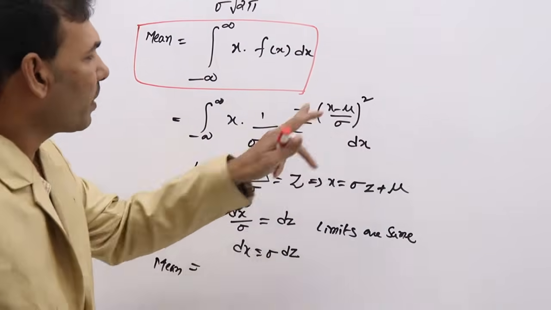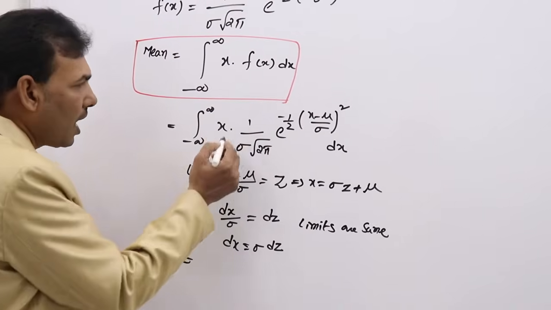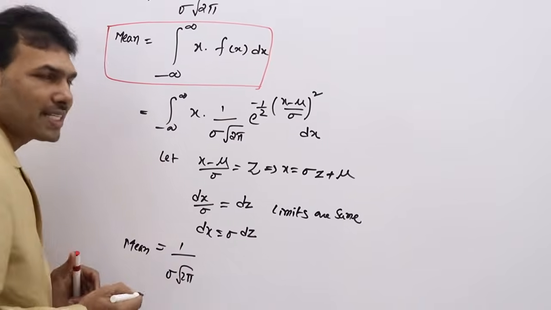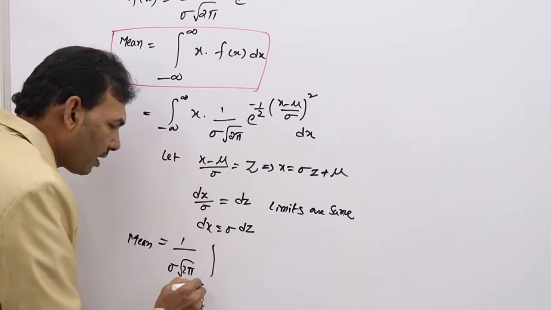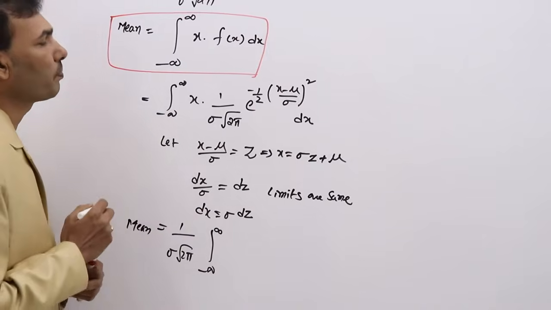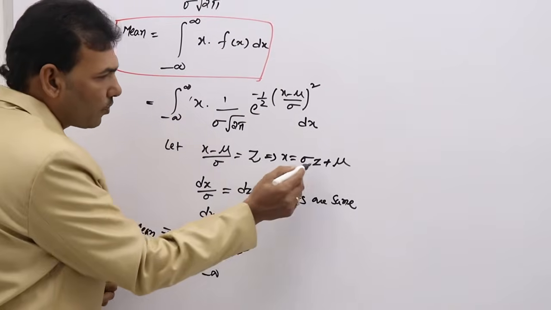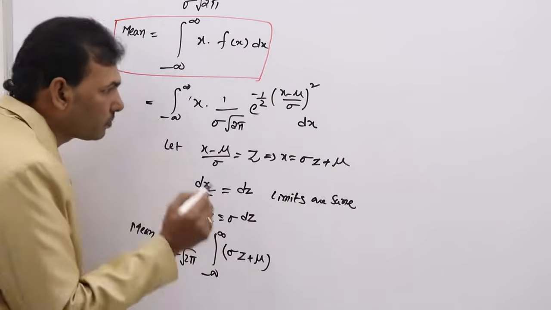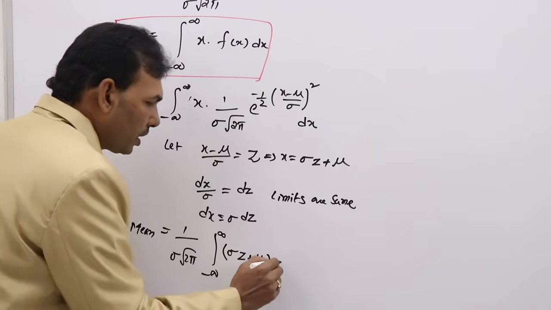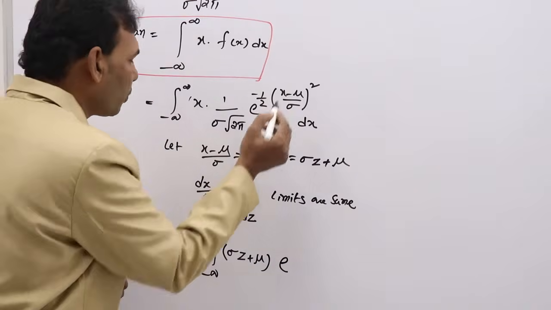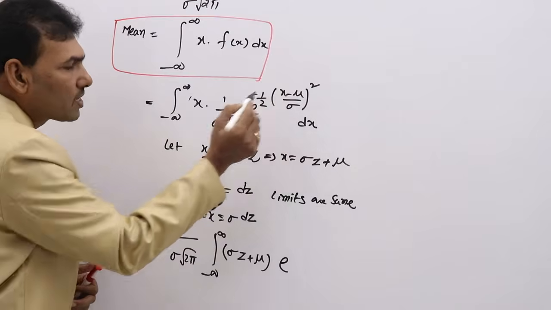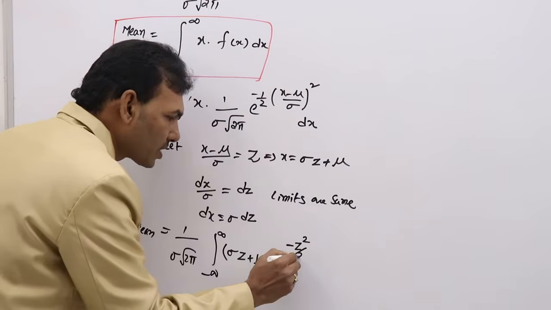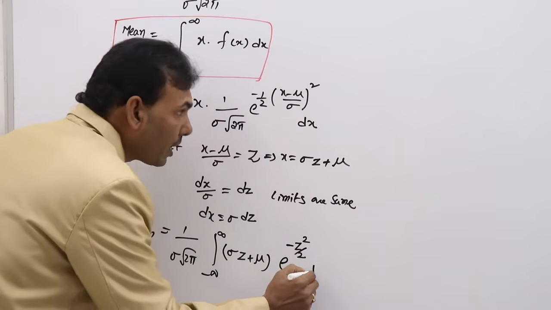In the place of x minus mu by sigma, I write z. I am keeping 1 by sigma root 2 pi as a constant. Integral from minus infinity to infinity. In the place of x, we write sigma z plus mu, e to the power of minus z square by 2, dx.